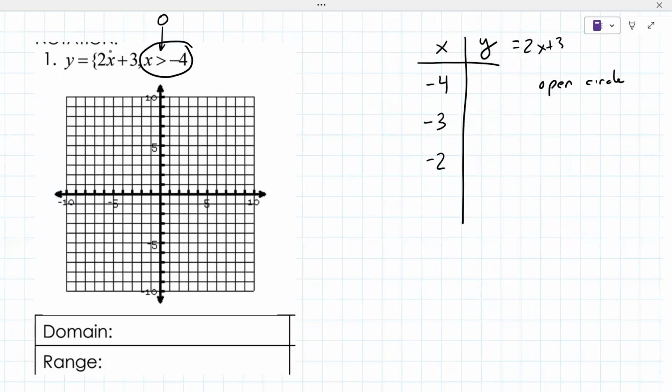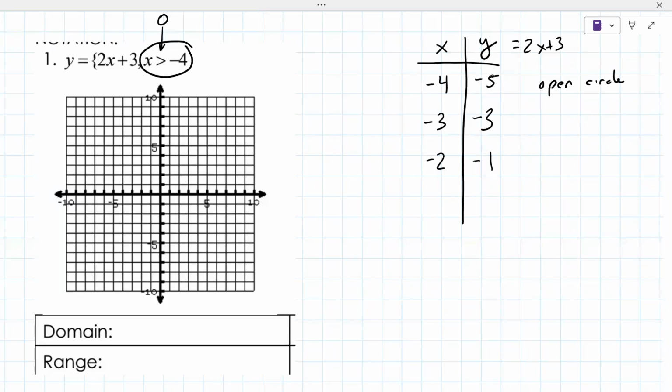Give me the result, please. The first one, for -4, is -5. For -3 it'd be -3 again, because it's -6 plus 3. And for -2, that'd be -1.